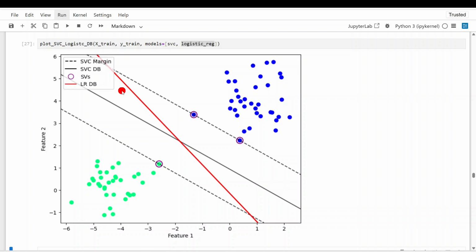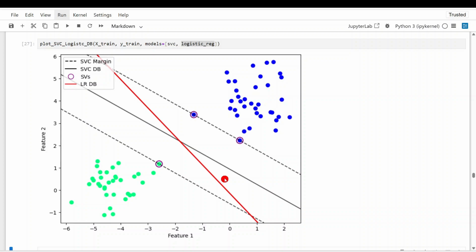So with logistic regression this point would be classified as green, but in fact it is closer to the blue points. Similarly, if we consider a point here, it would be closer to the green points, but based on the logistic regression decision boundary, it could be classified as blue.